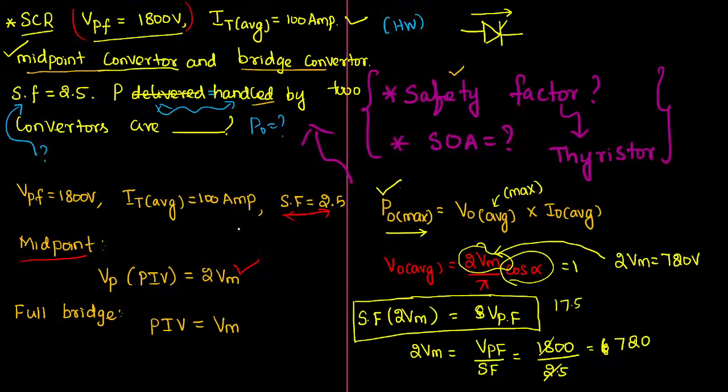Guys, listen. Yesterday in the class also I told you, 2 Vm by pi is the generalized formula for the full converter. Sir, when can we use this formula? For all continuous loads. Sir, how can I identify whether the given load is continuous or not?